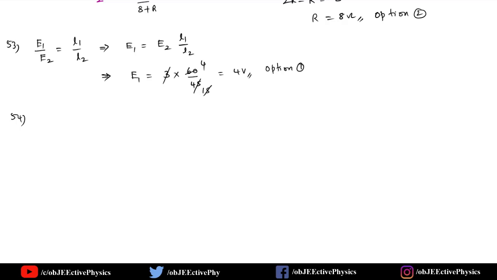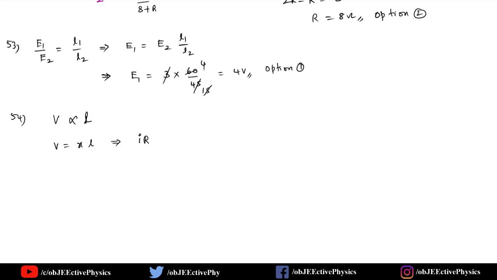See here, we know that according to the working principle of potentiometer, potential drop across a given length of a wire is directly proportional to its balancing length, or V is equal to some proportionality constant. That proportionality constant is called potential gradient.